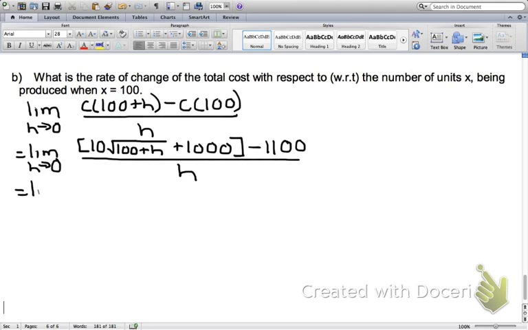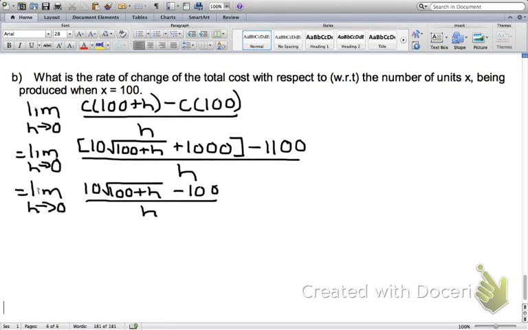So we then can collect our like terms. So we can drop those brackets and have 10 times our square root of 100 + h minus 100 all over h. Now recall from yesterday, we can never have an h value in the denominator position be 0.